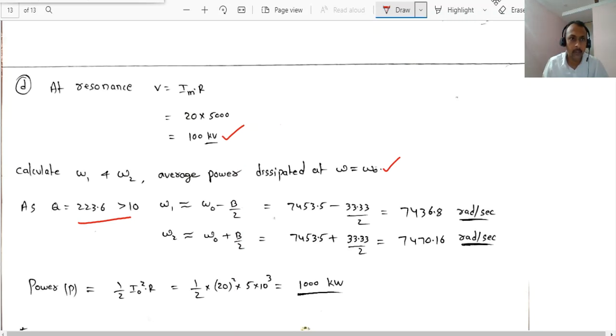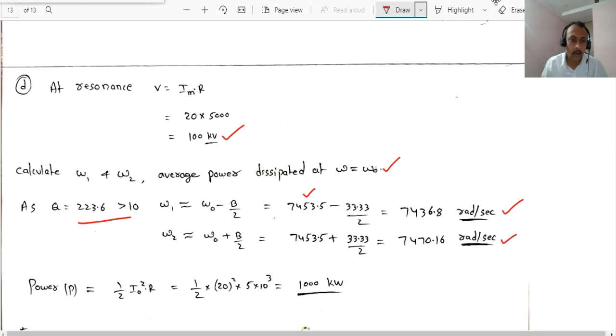Then obviously omega 1 will be equal to omega naught minus bandwidth by 2. Omega naught we have already found, minus bandwidth by 2 radians per second. Similarly, omega 2 will be omega naught plus bandwidth by 2, right? This also we will get, 7470.16 radians per second.